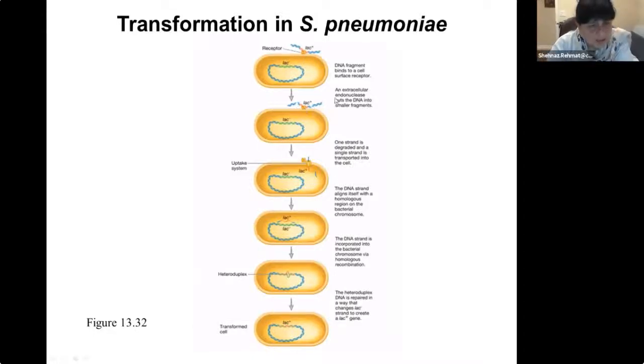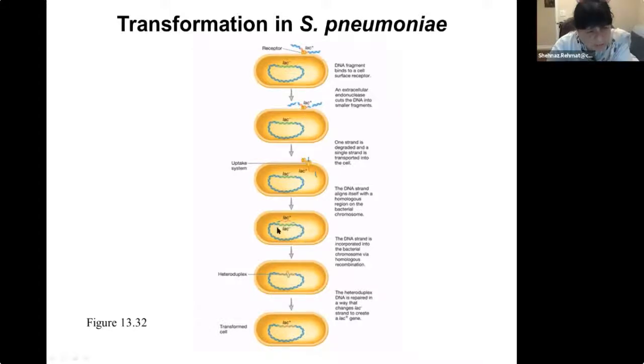So here an endonuclease is used, which cuts the DNA into smaller fragments first, because a large fragment cannot go through. Then the recipient cell produces a transport system in its membrane, and as the DNA passes through it, one of the strands is degraded, and single-stranded DNA enters the cell.